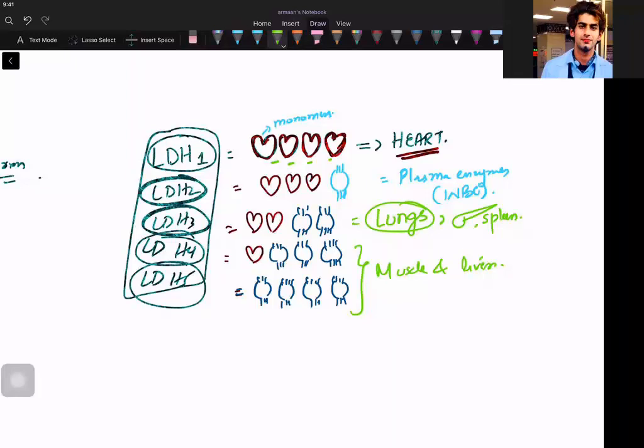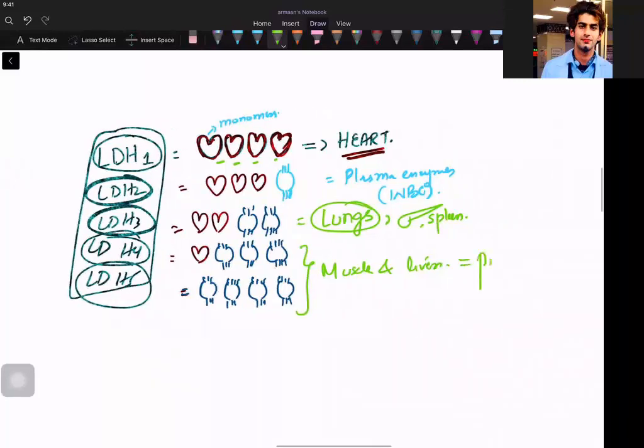So can you tell me which type of lactate dehydrogenase is predominant in the heart? LDH1. Very nice. Which one is predominant in skeletal muscle and liver? LDH4 and 5.